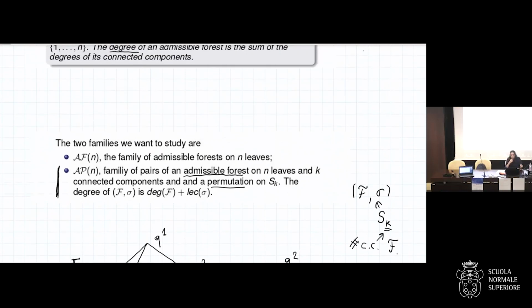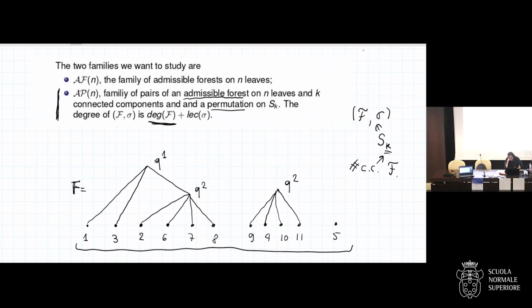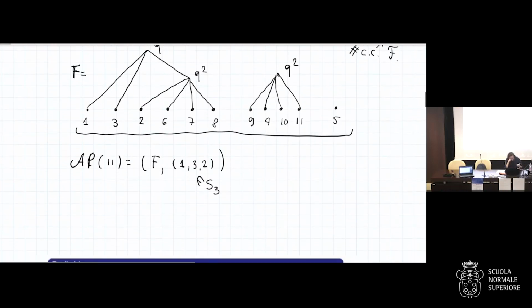Now, of course, we had a degree on the set of admissible forests, and we would like to define a degree also on these pairs. We already know how to define a degree on the set of forests. That would be just, again, the sum of the degrees of each connected component of the forest. So we want to define a statistic, a function on this permutation, in order to define the degree of these admissible pairs.